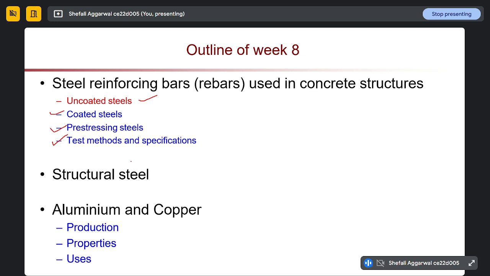The next thing is structural steel, where all these types of steels come under structural steels, and we will talk about two metals other than steel, that are aluminum and copper. How these metals are formed, what their properties are, and what their uses are in the construction industry or in general.